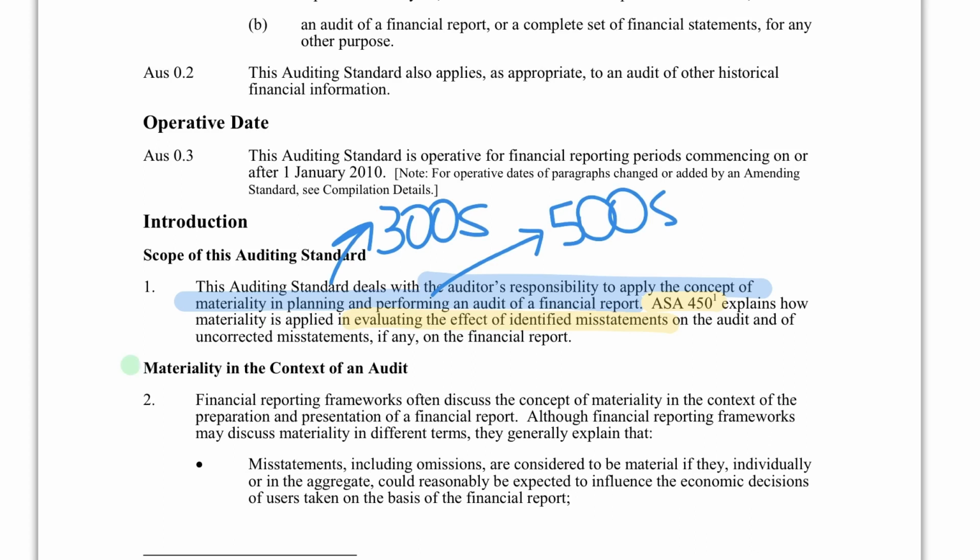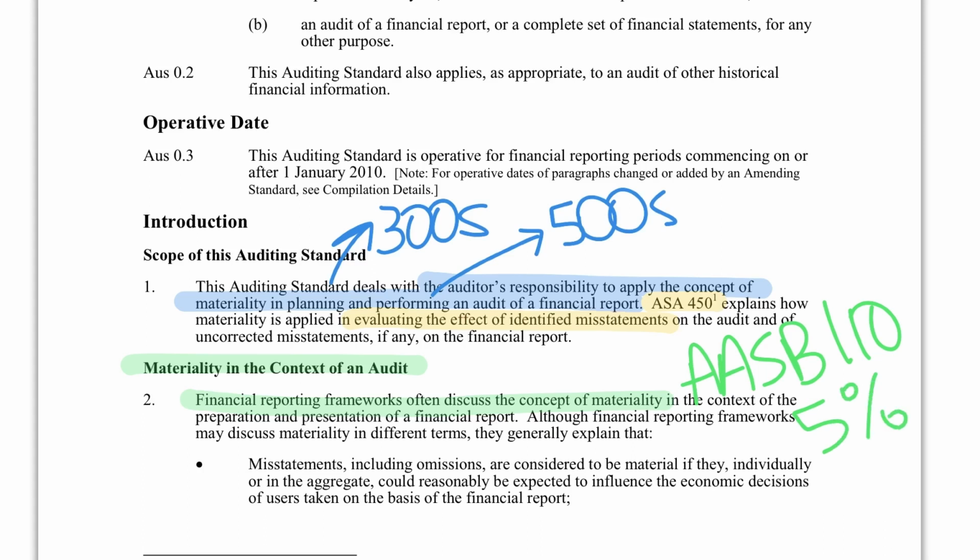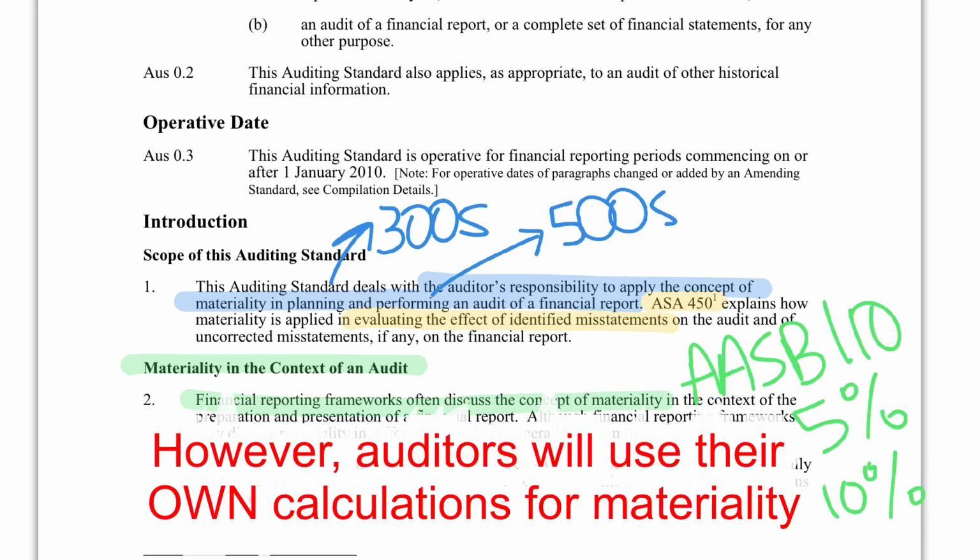In the context of the audit, financial reporting frameworks often discuss the concept of materiality. In Australia, that's AASB 110, and there are rules about 5 and 10%. Anything less than 5% of a base is not material, anything greater than 10% is material, and anything in between is a professional judgment.